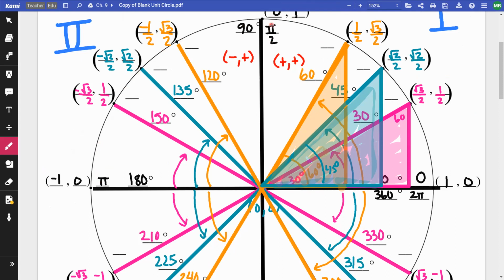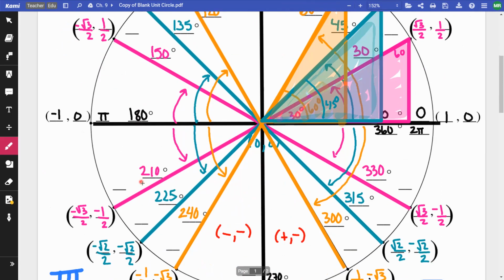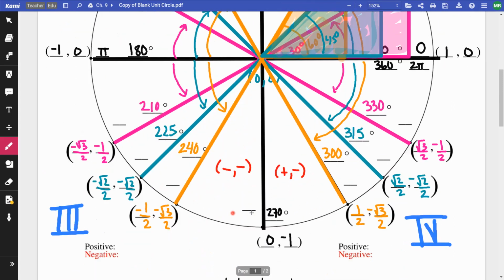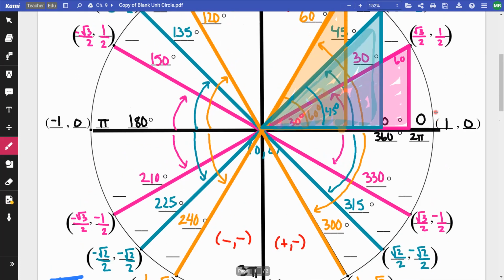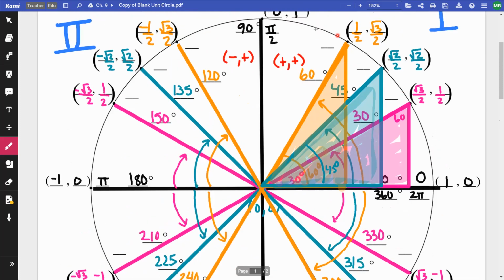So I have 1 pi half, 2 pi halves, and coming down here, this is going to be 3 pi halves. And going all the way back here would be 4 pi halves, but what's 4 over 2? 2. So again, it's pi all the way to 180.